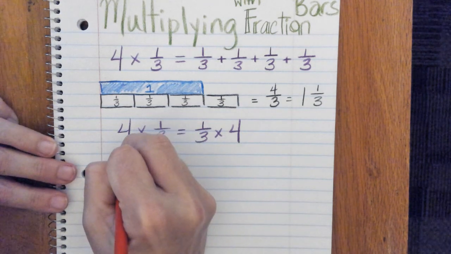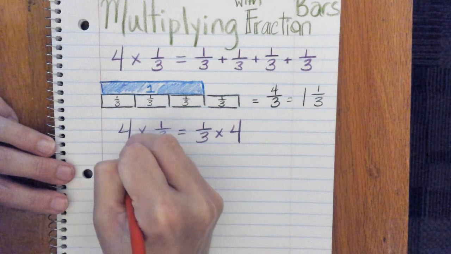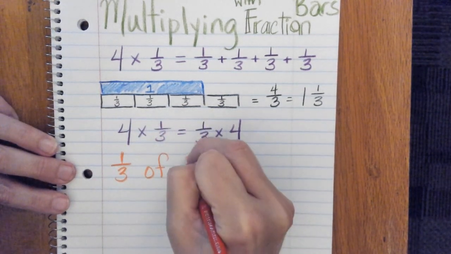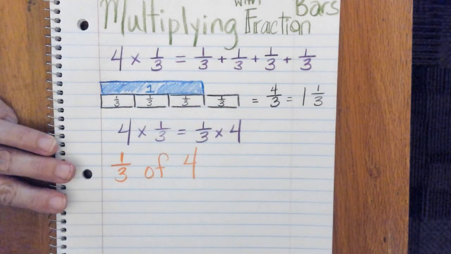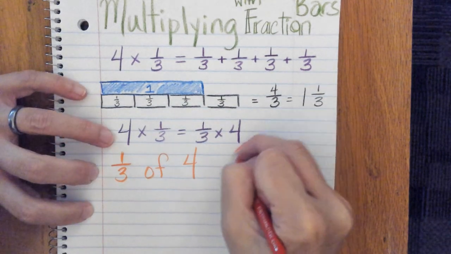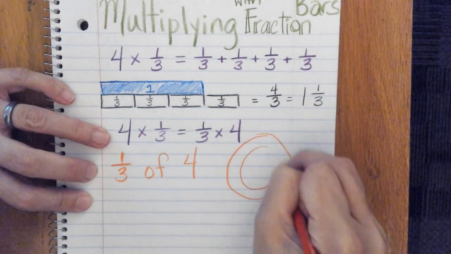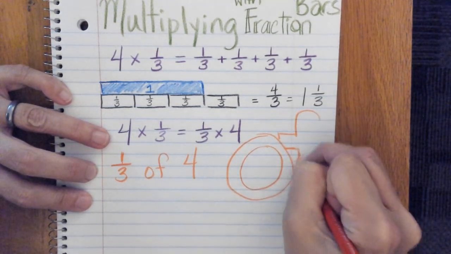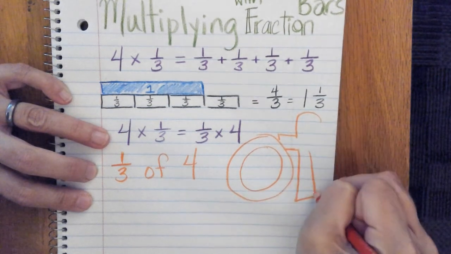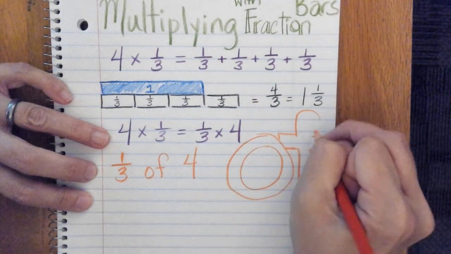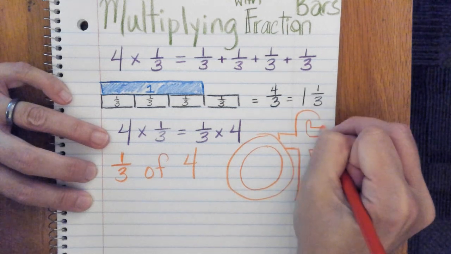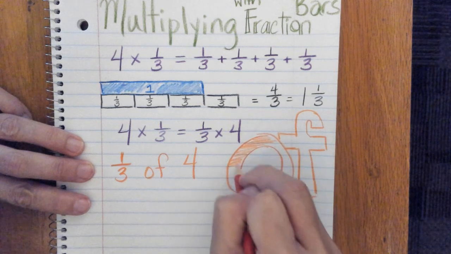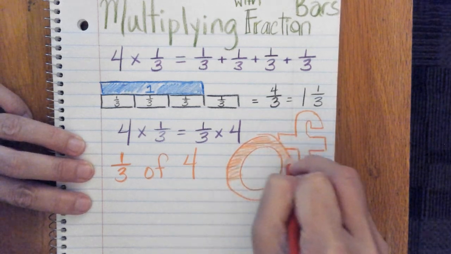I usually say 1/3 of 4. In this case, the "of" almost always, mathematically, means to multiply. So if I say 1/3 of 4, what I'm saying is 1/3 times 4.